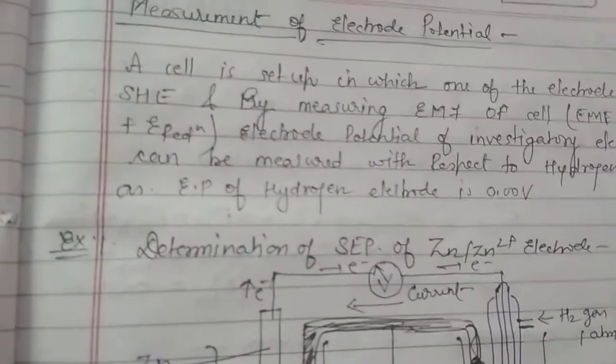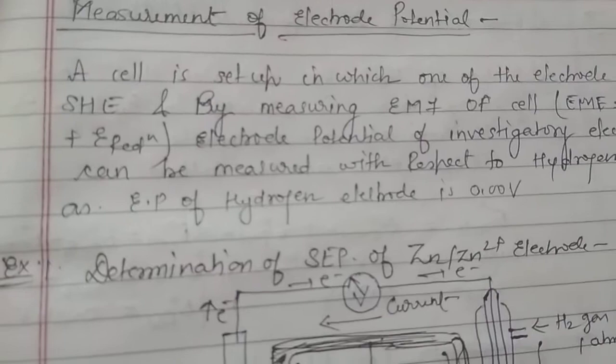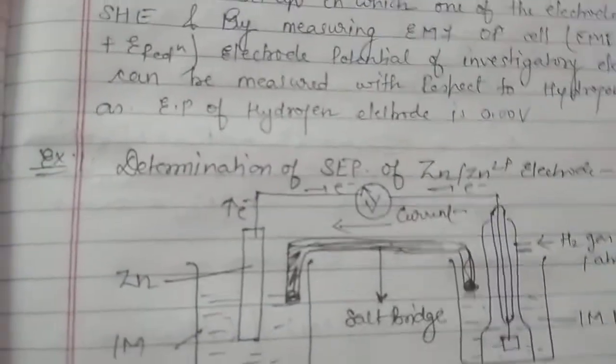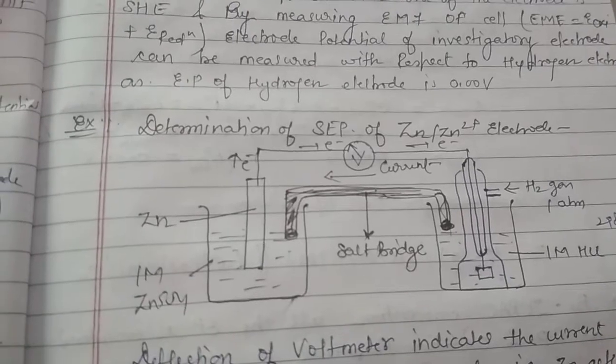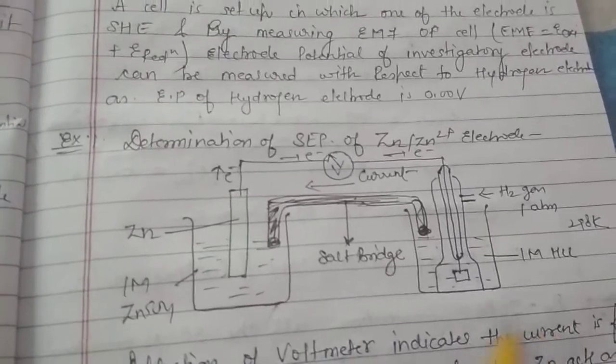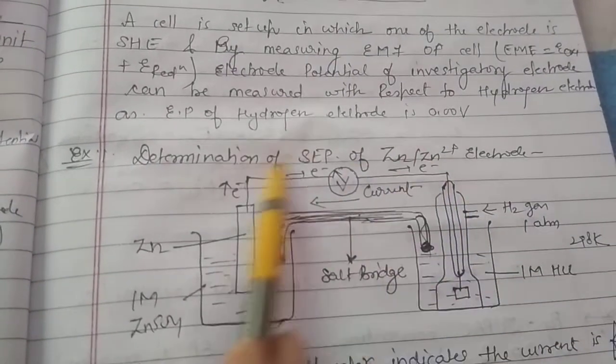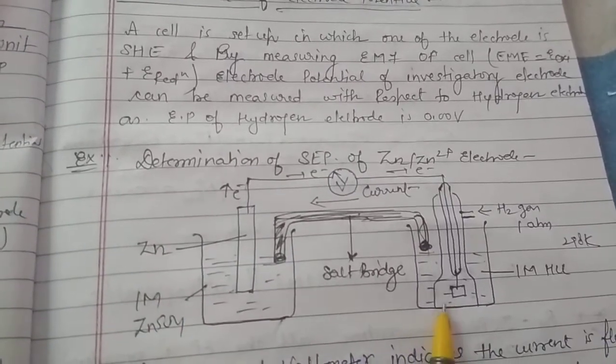Now let's see how to measure the electrode potential of any other electrode with respect to the hydrogen electrode. So for this, we are to prepare a voltaic cell by setting up one of the electrodes as SHE.